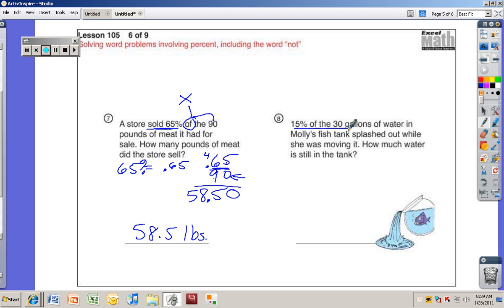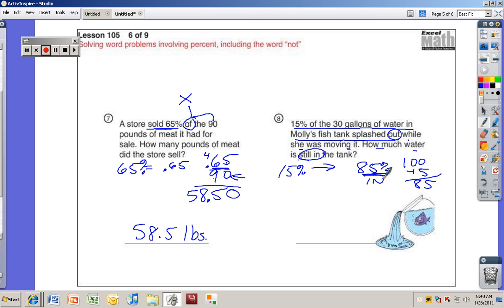All right, 15% of the 30 gallons of water in Molly's fish tank splashed out while she was moving it. How much water is still in the tank? This is going to be the opposite. So if 15% went out, that means we're left with 85%, or 100 minus 15, which is 85. 85% is still in the tank.